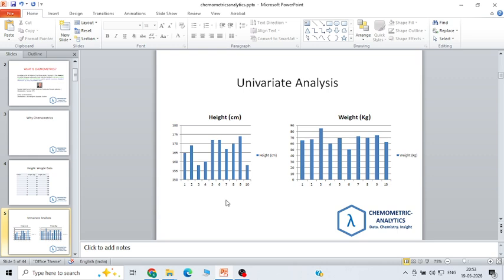If I gaze through the height plot, we see there are individuals who are as tall as 177 centimeters. There are some folks at 160, one of the individuals is close to, let's say, 168, some are 157. Nothing unusual, because as human beings you can have individuals who fall in this height range, right?